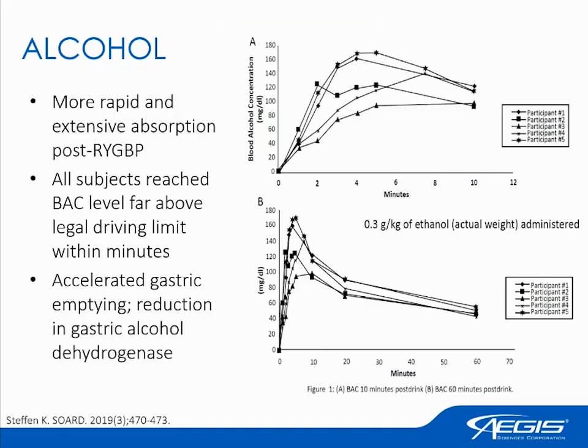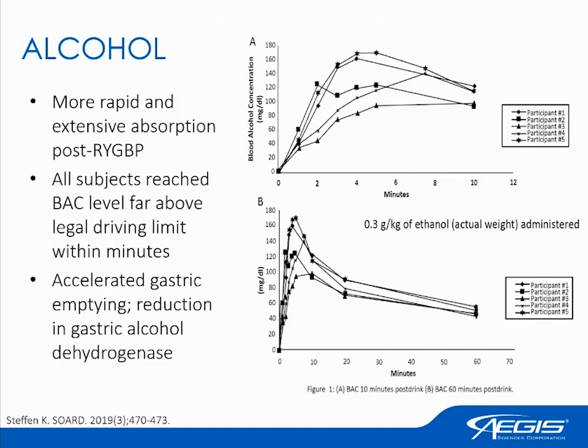So, with alcohol, you get a more rapid and extensive absorption, and this is specifically following the Roux-en-Y gastric bypass. And subjects within this specific study had blood alcohol levels that far reached above legal driving limits within 2 minutes.